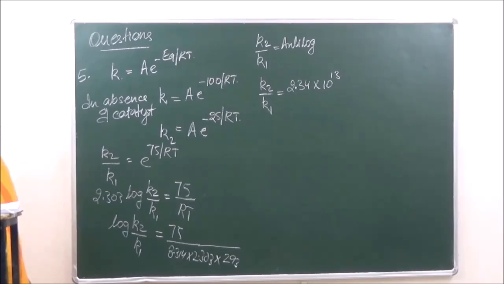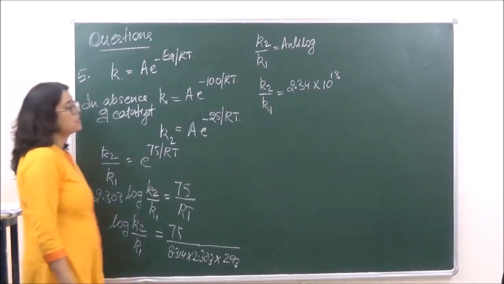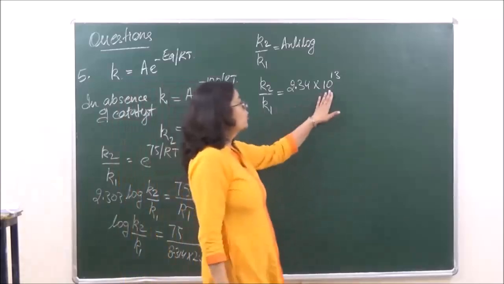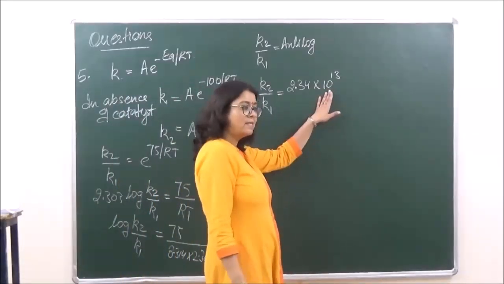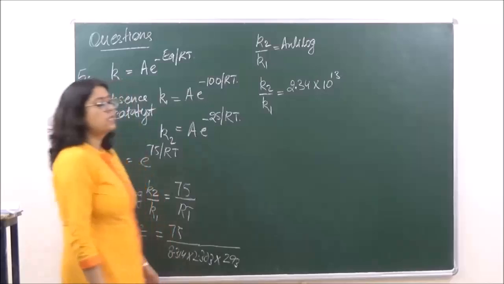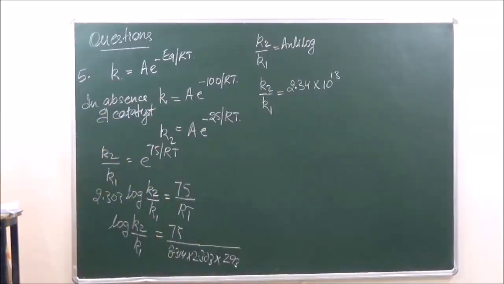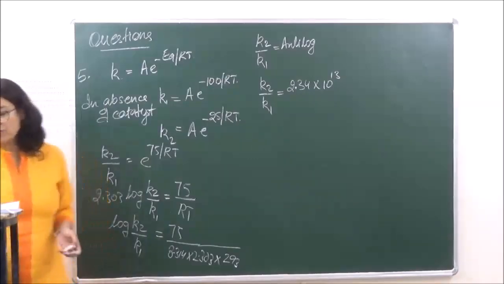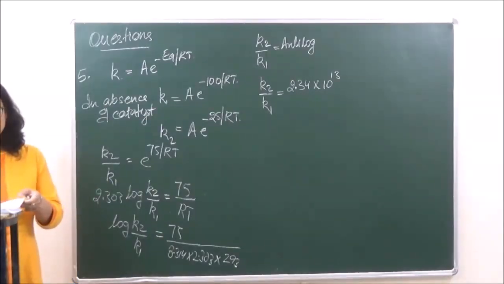Right? So what is this signifying over here? That on adding a catalyst, the rate of the reaction is increasing by 10 raised to power 13. Is it clear?